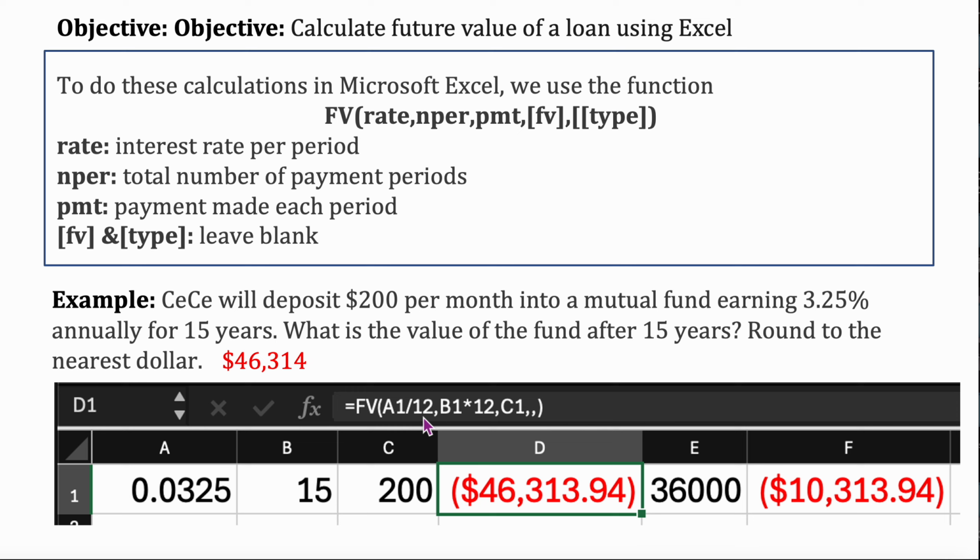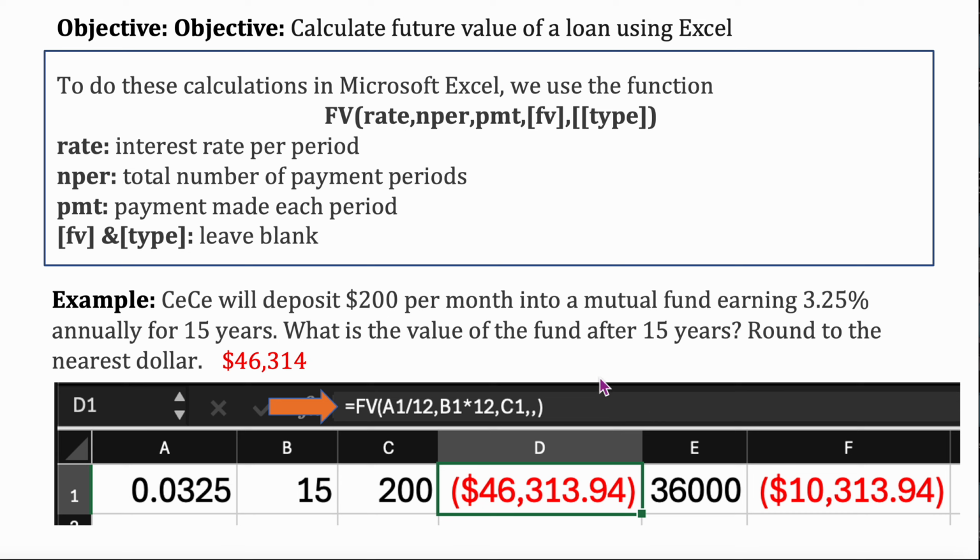Okay. Next, you might notice here in the formula that in the second position, which is our NPER, the total number of payment periods, since it's 15 years, yes, I use the 15, but I multiply by 12 because I'm going to make payments for 15 years every month, so you would have to multiply that by 12.